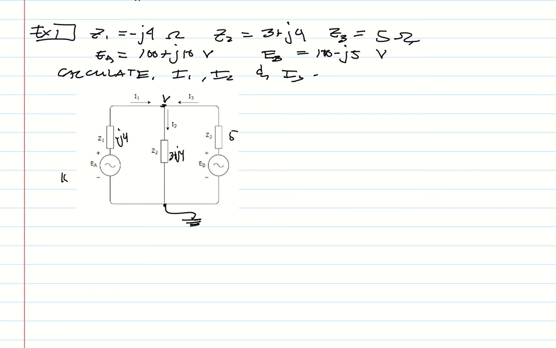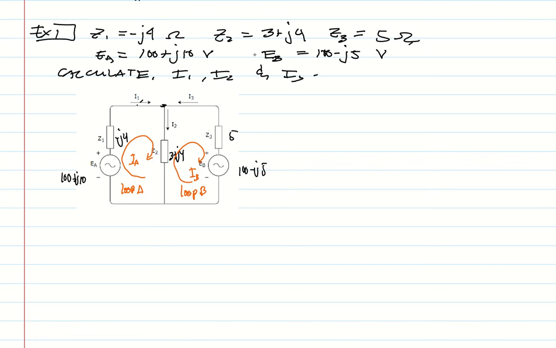EA is 100 plus j10, and EB is 100 minus j5. We want to solve for the branch currents. But first, we assign our loop currents: let's call them IA and IB. This is loop A and this is loop B.